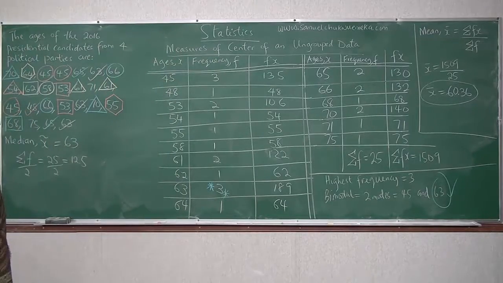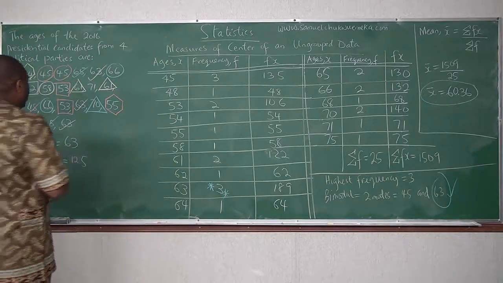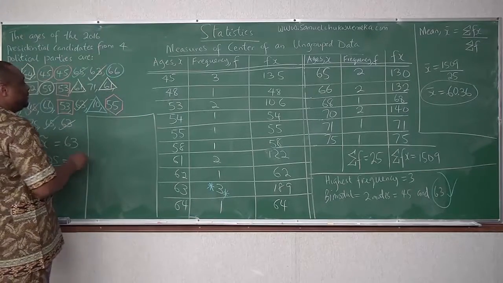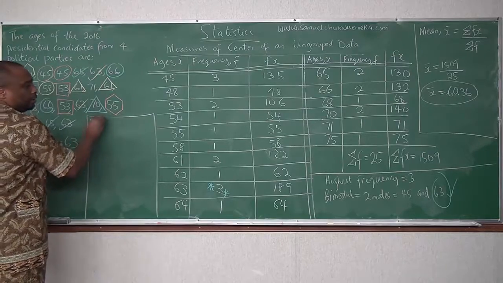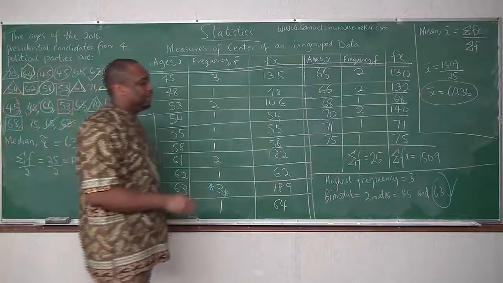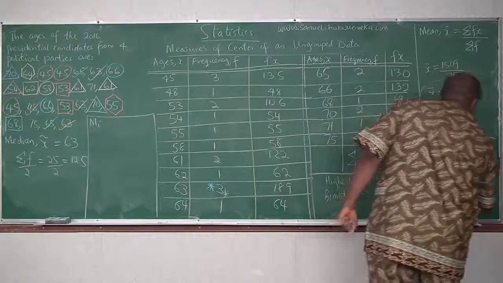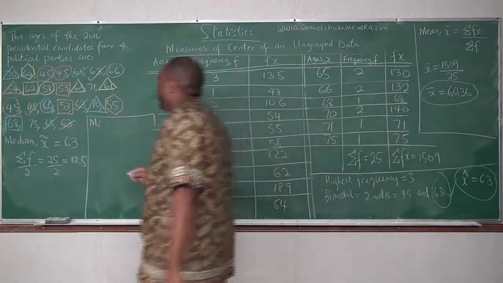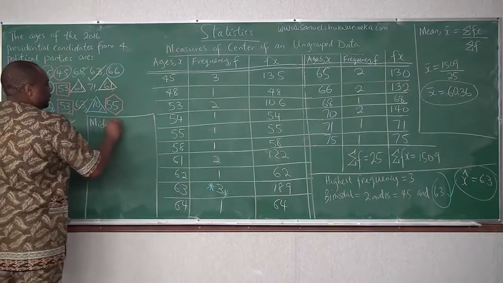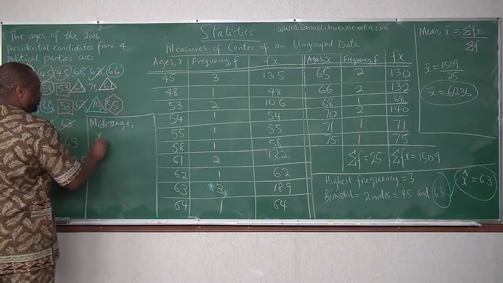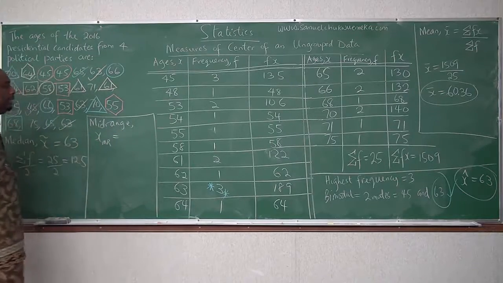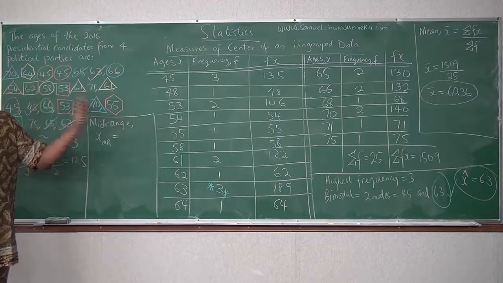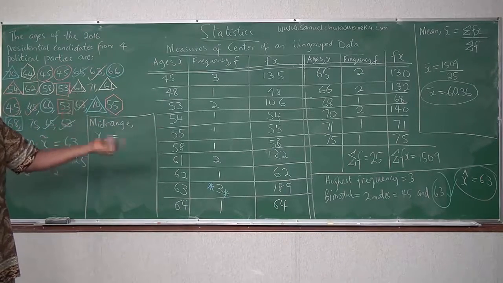Then the mid-range, XMR. Mode is X hat, so I'm just going to write 63. The mid-range is the lowest data value plus the highest data value, divided by 2.